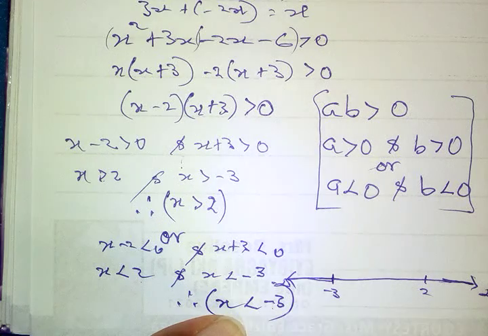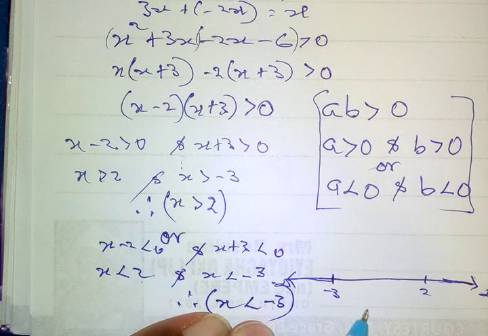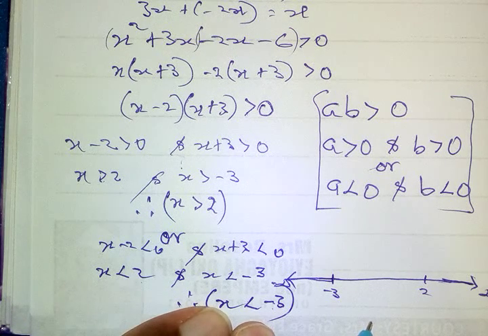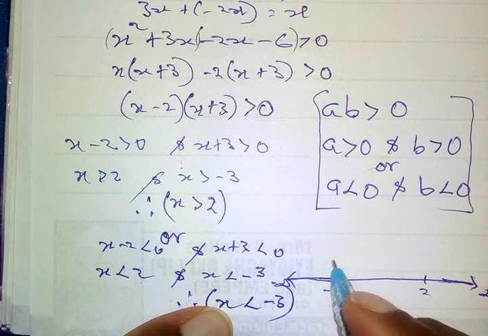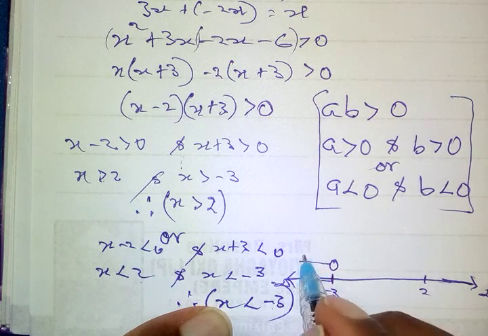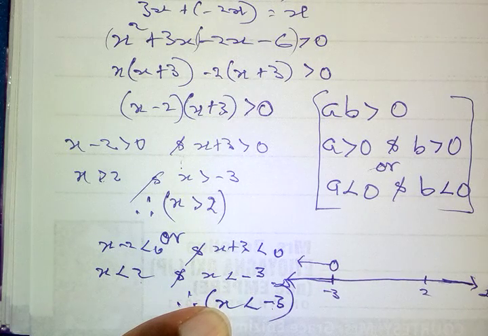Now, to represent this statement on a number line, this means x is less than negative 3, not including negative 3 itself. So we represent this with a dot, and all values that are less than negative 3 are values of x.